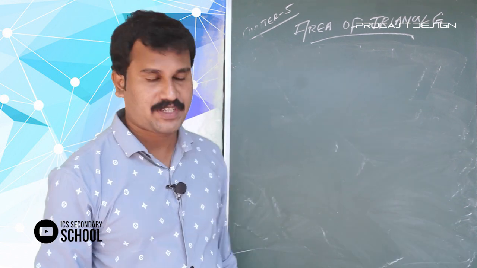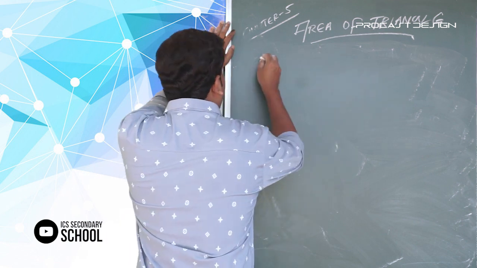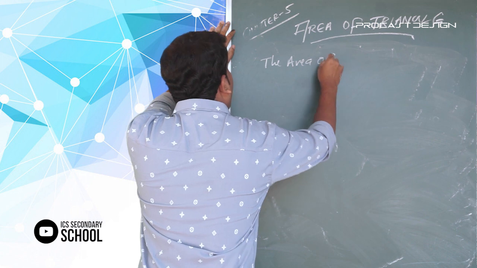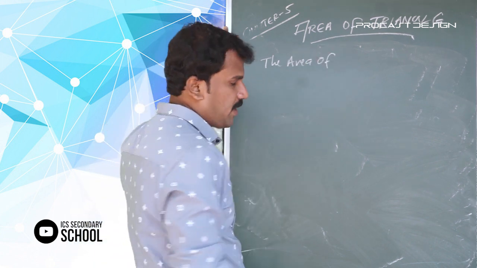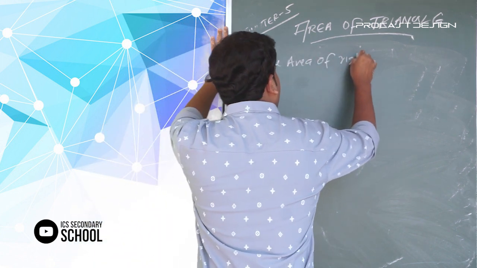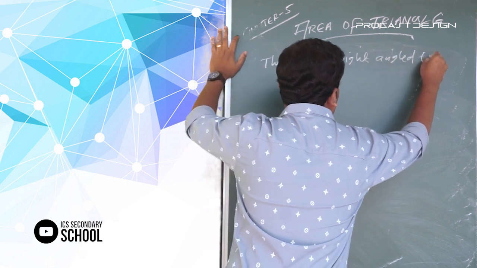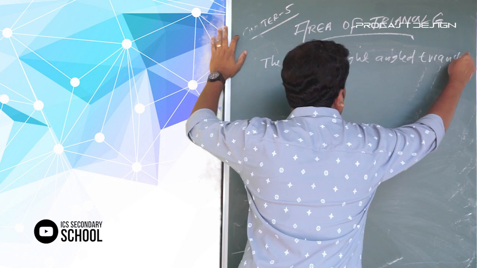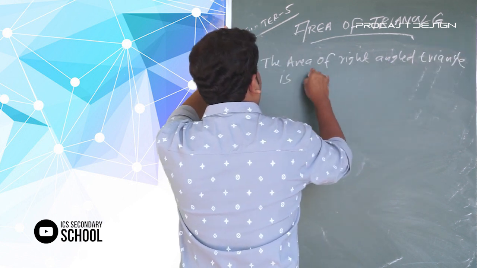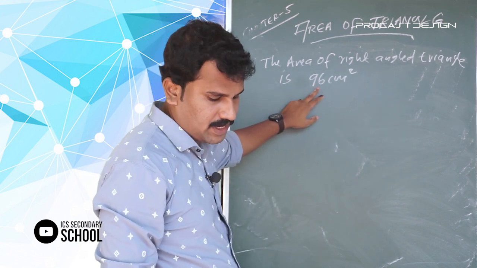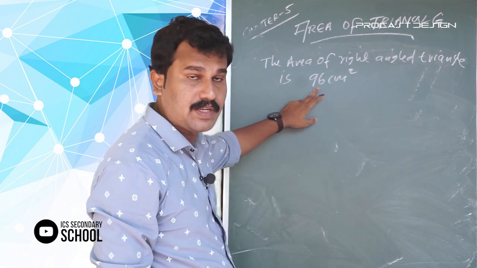Yes. Next question. Look at this: the area of a right angle triangle is 96 centimeter square.